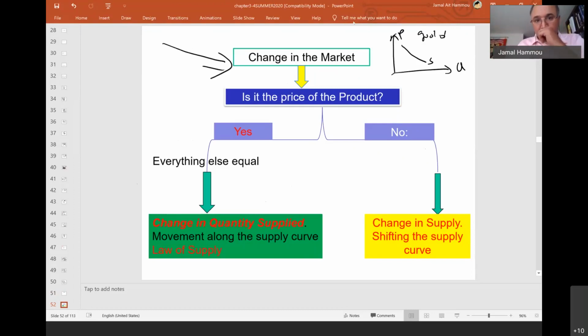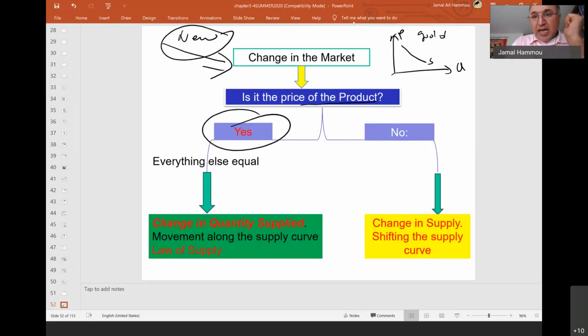What happened? New variables. Then when you say something new happened, you ask this question: is it the price of the product that changes? This new thing, is it the price? If it's yes, then I just have to move along the supply curve. I don't have to go to the left or to the right. If my answer to this question is yes, I am going to talk about changing quantity supplied.